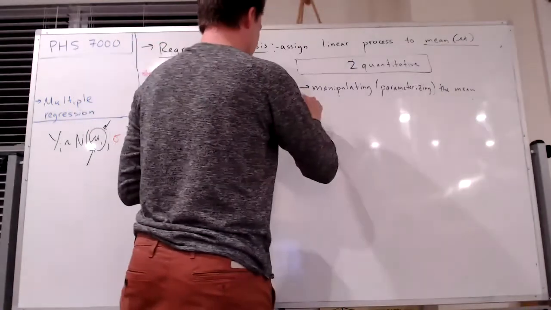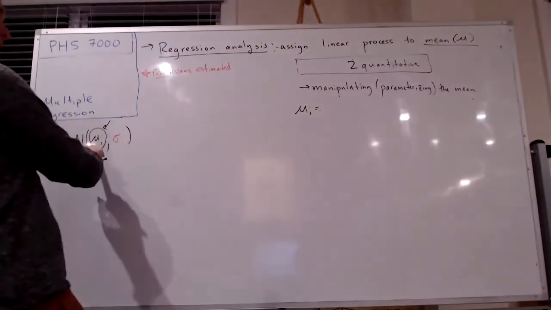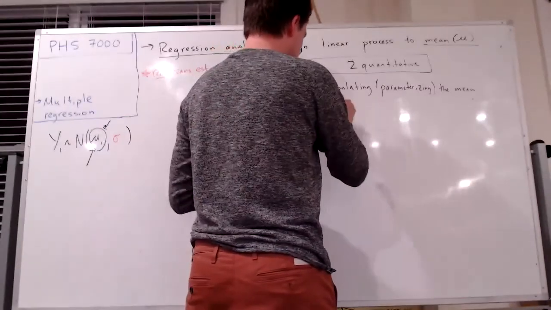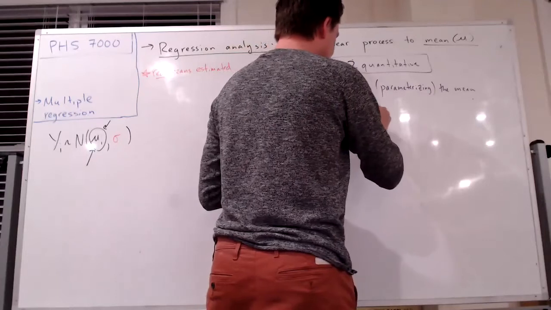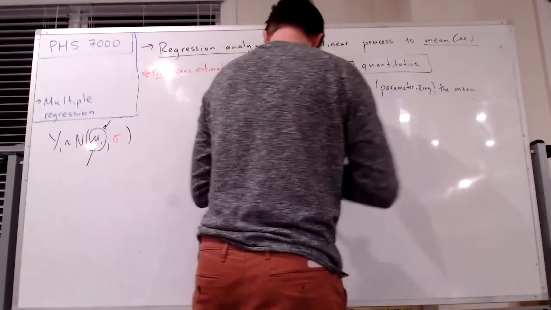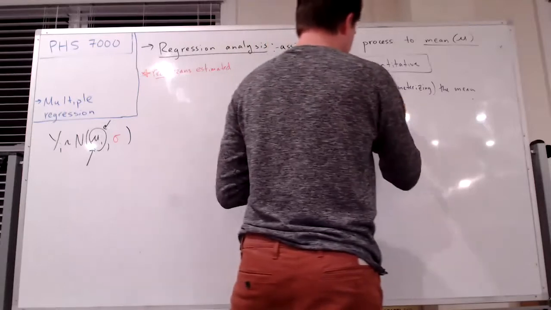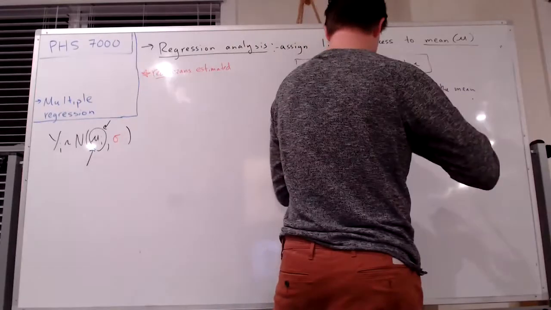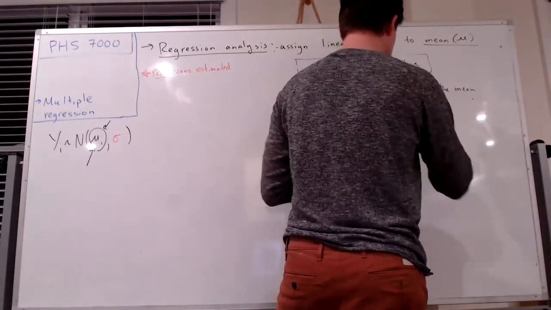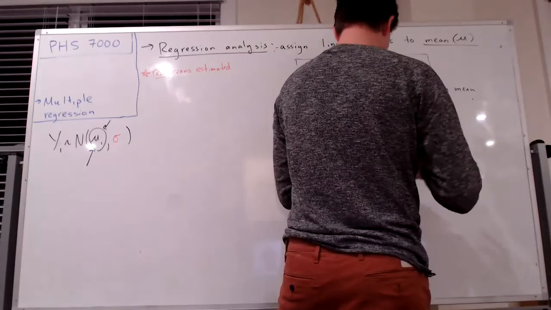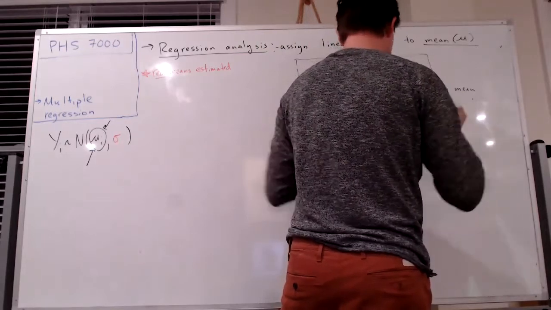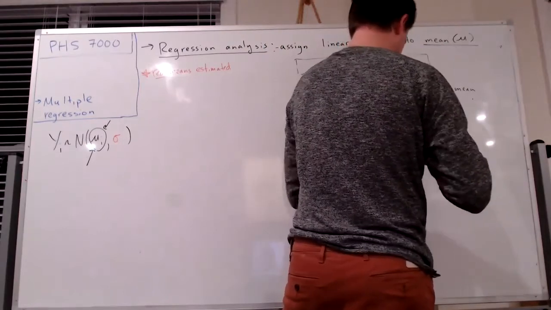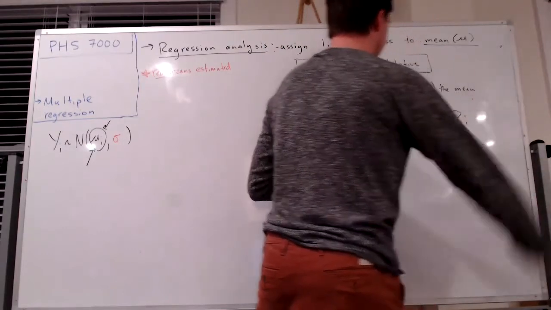So here is my mean that will go right in there. I need an intercept. I need a beta Q1 times my Q1 sub i plus, let's go with the red plus, beta Q2 times my second quantitative variable.